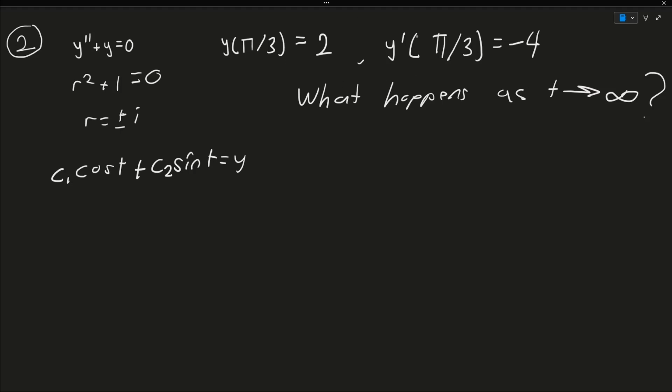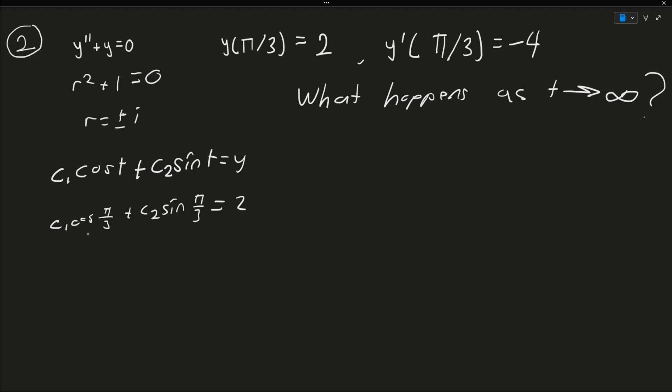Now let's plug in these initial conditions to see what happens. The first initial condition is y of pi over 3 equals 2. So y of pi over 3 will be c1 cosine of pi over 3 plus c2 sine of pi over 3, and this is given to be equal to 2.